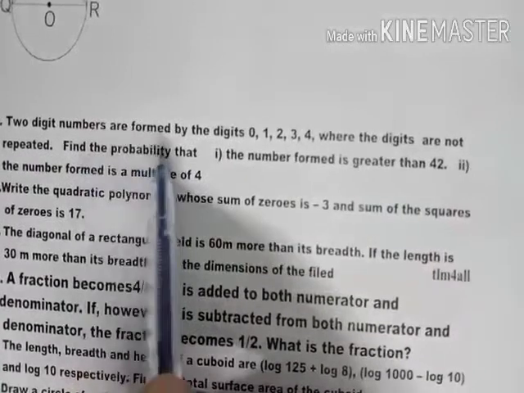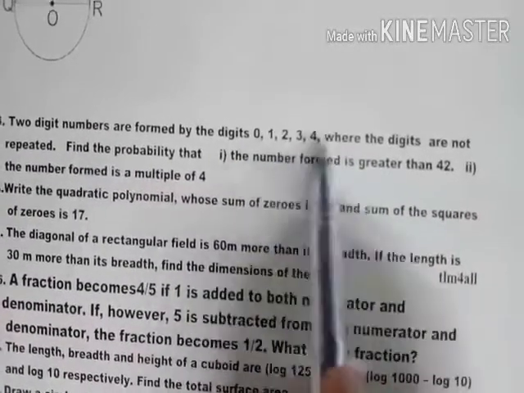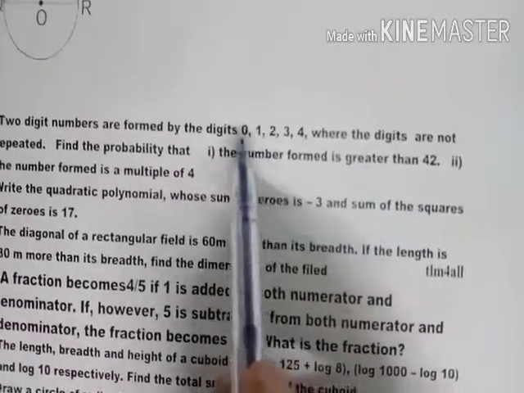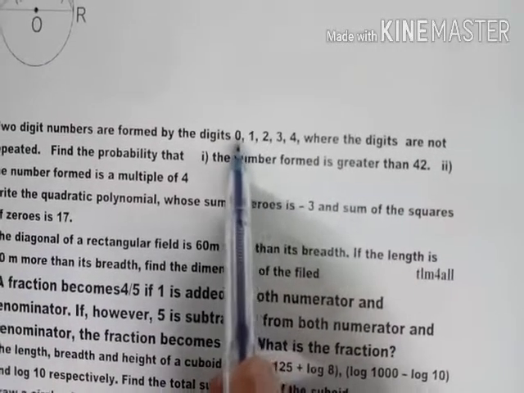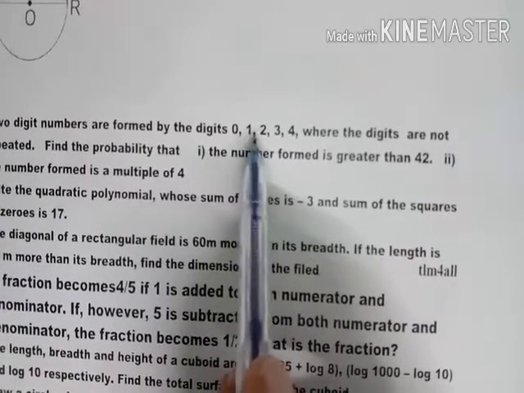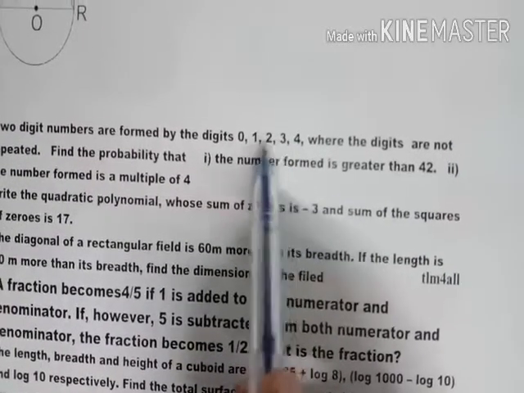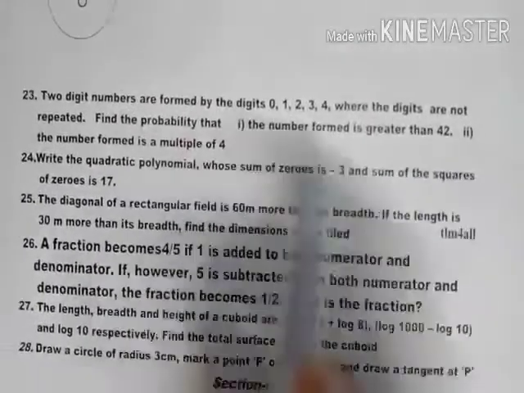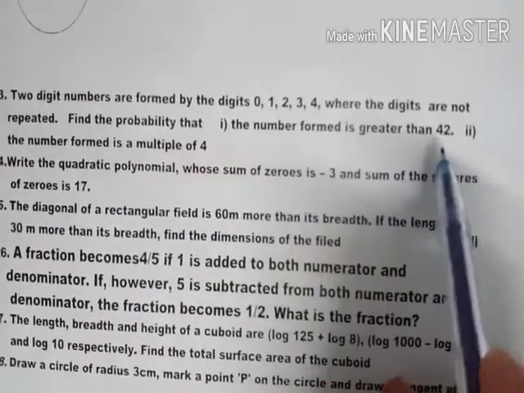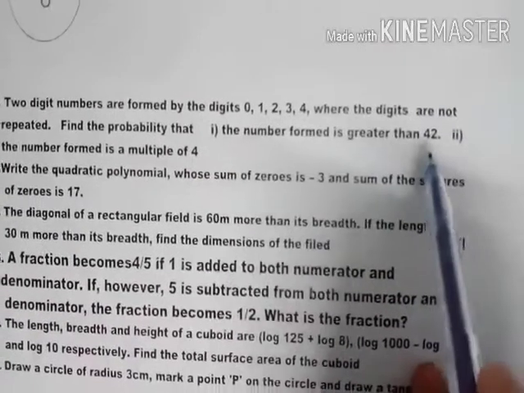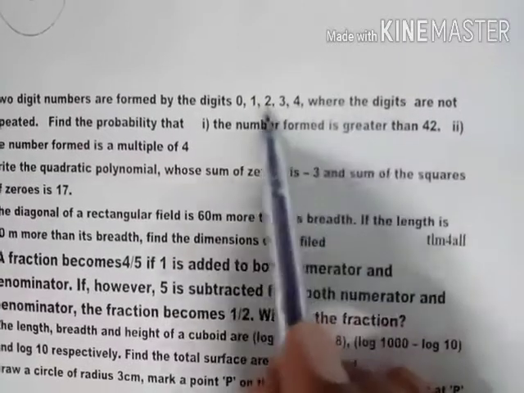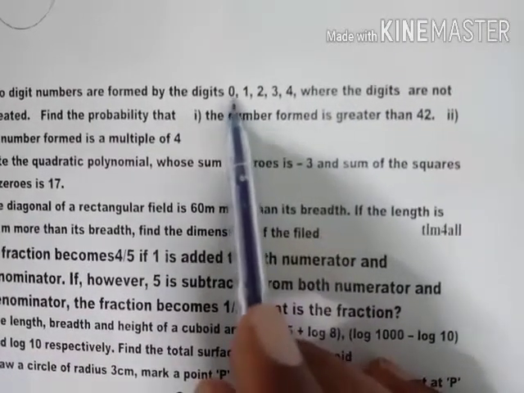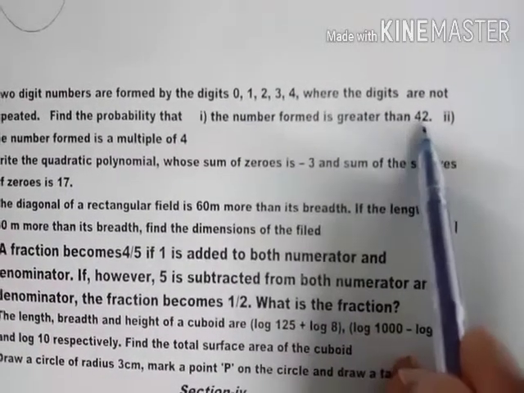So 2-digit numbers formed by the given digits, we can write numbers like this: 01, 02, 03, 04, 10, 12, 13, 14, 21, 23, 34, like this. So we can get answer very easily. Numbers formed greater than 42, we can write numbers which were obtained by the given digits which were greater than 42.